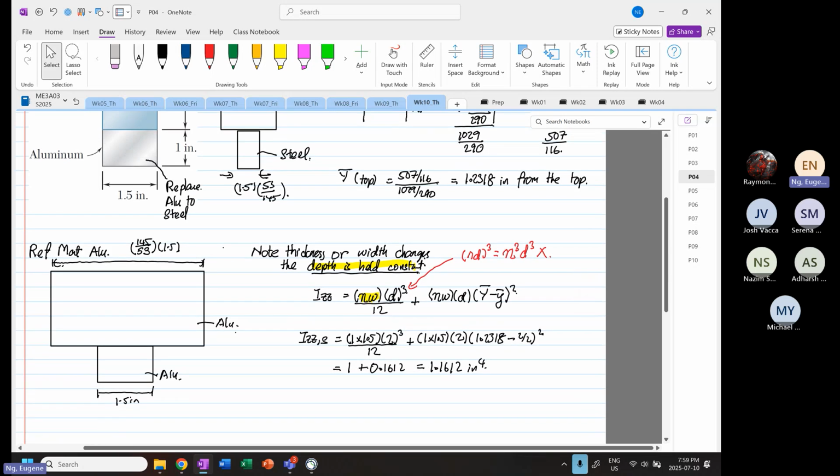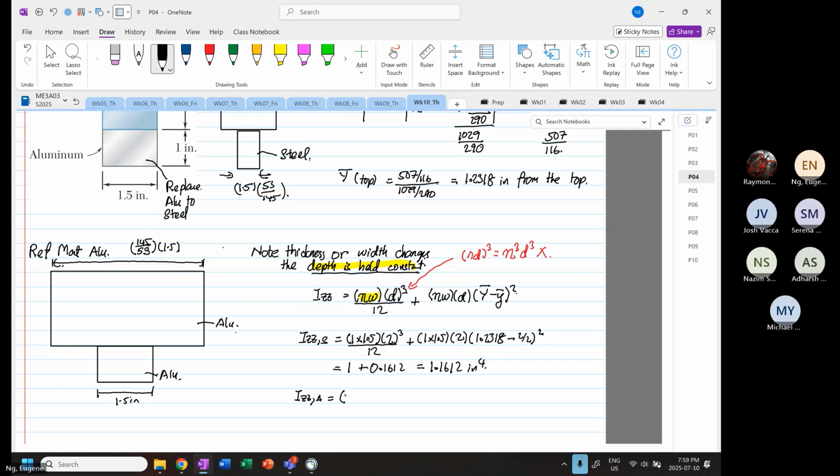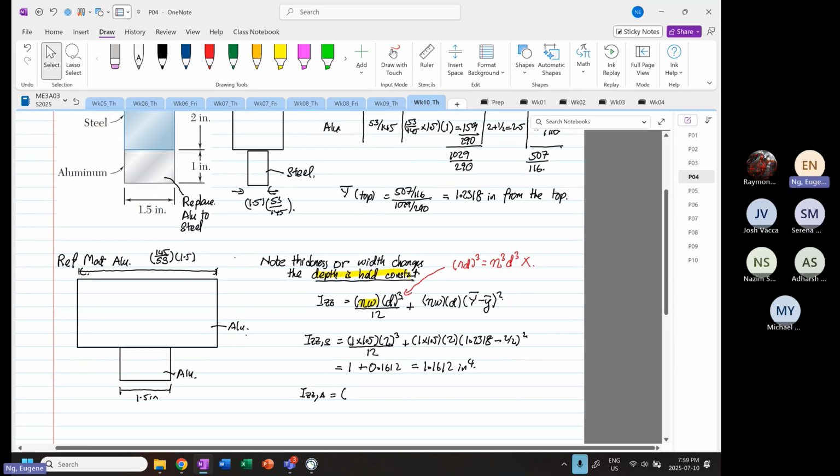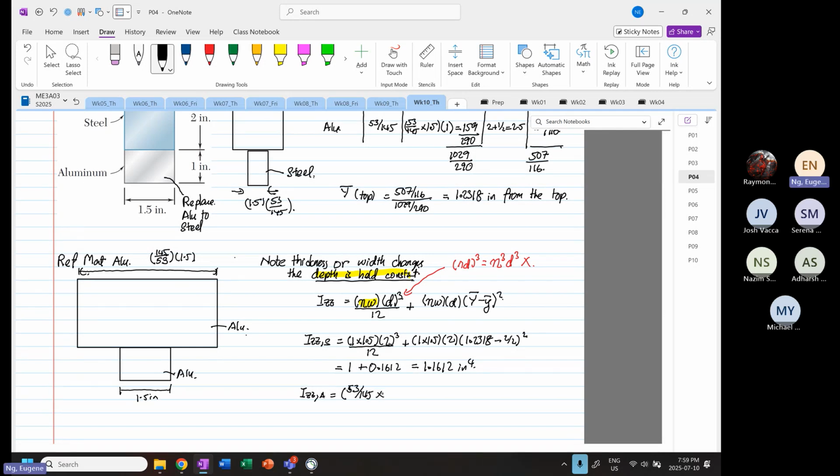So the next thing we're going to do is look for IZZ for the aluminum. So now we have to include the 53 over 145 times the thickness of 1.5. The depth is 1 cubed over 12.